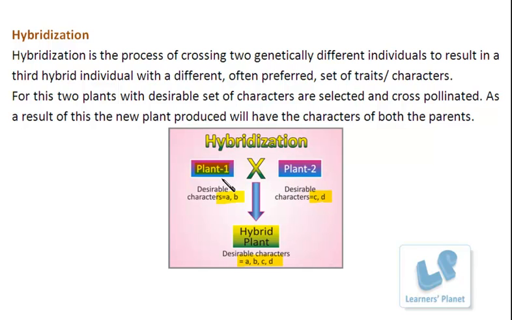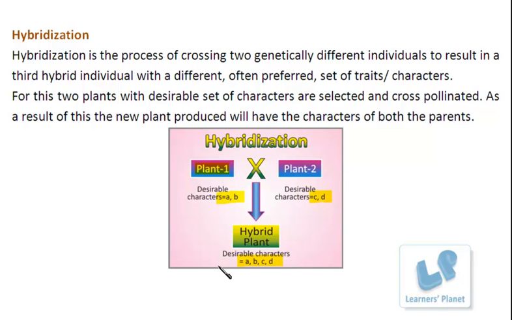Of course, the new hybrid plant obtained here will inherit the characteristics from each plant. It will have high resistance and high productivity.